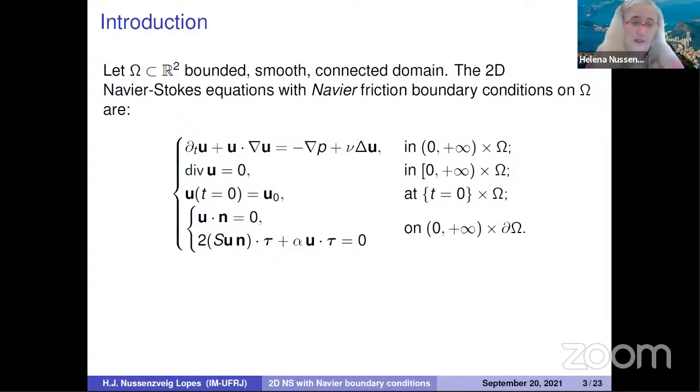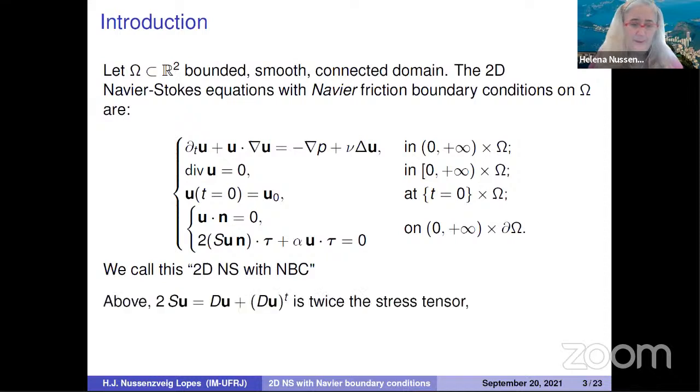The divergence-free condition, and we have the initial value, u at time t equals 0 is given. It's the initial velocity. And the boundary conditions are non-penetration, u·n equals 0, and 2 Su·n·tau plus alpha u·tau equals 0 on the boundary. Okay, so we will refer to this as 2DNS with NBC.